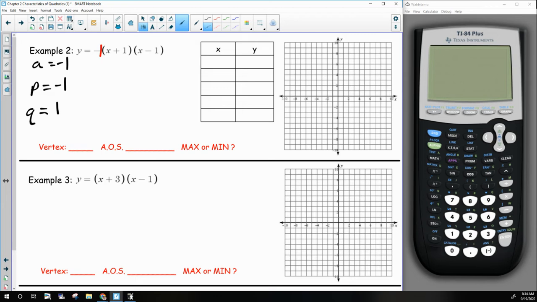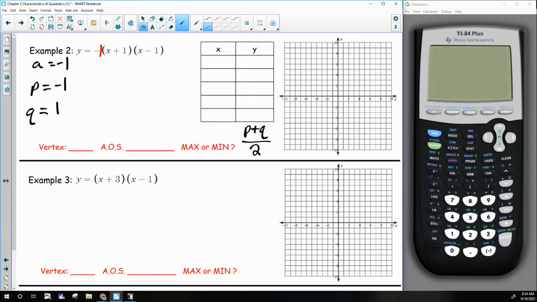If it were vertex form, I could just go ahead and find my vertex right now just by looking at my values. But in intercept form, we need that equation, P plus Q divided by 2. This finds me my axis of symmetry, and it finds me half of the vertex.